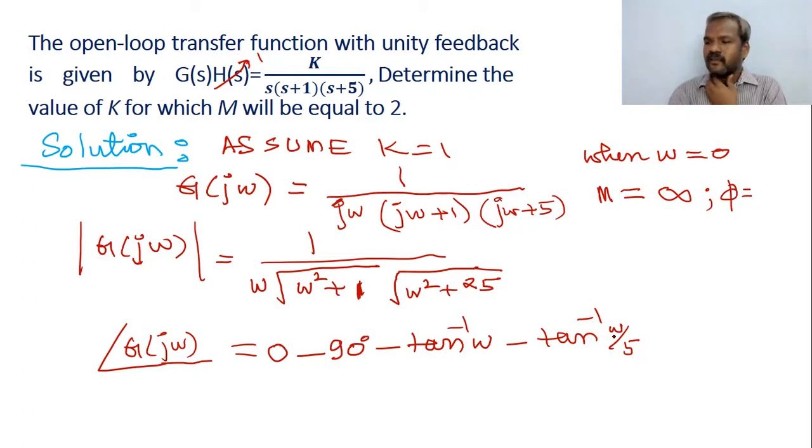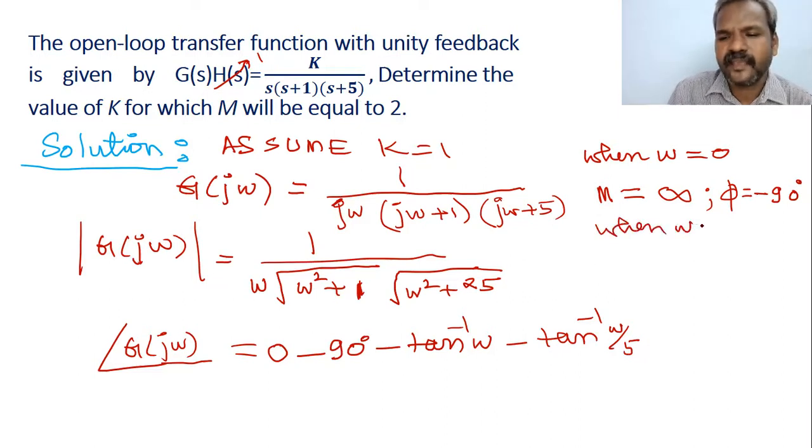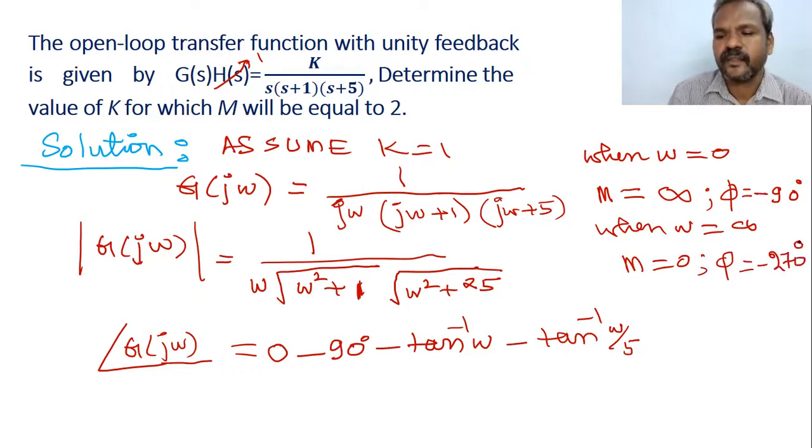When omega is 0, magnitude is infinity and phase angle is minus 90 degrees. When omega is infinity, what is the magnitude? Magnitude is 0. What is the phase angle? Minus 270 degrees.